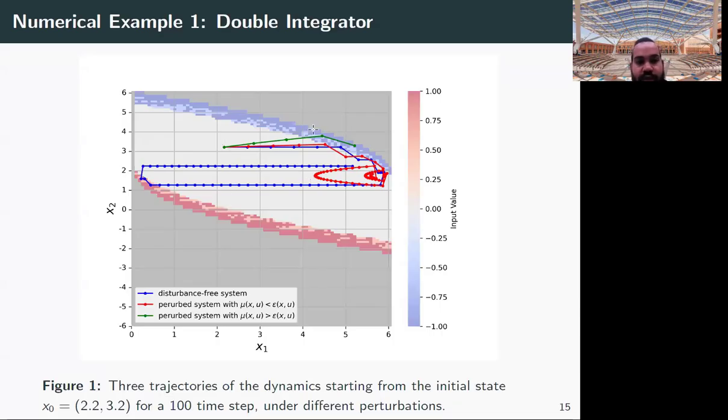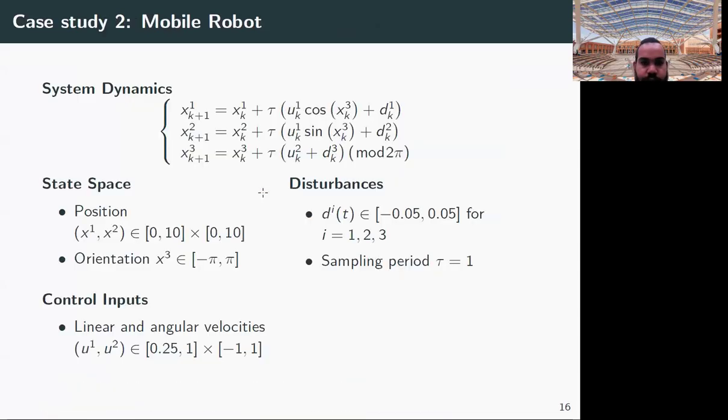But for the green trajectory, we can see that after 5 time steps, it goes beyond the colored region because we have applied a perturbation that is bigger than the maximal robustness margin we have defined. So this clearly shows that the robustness margin we have defined is a tight bound.